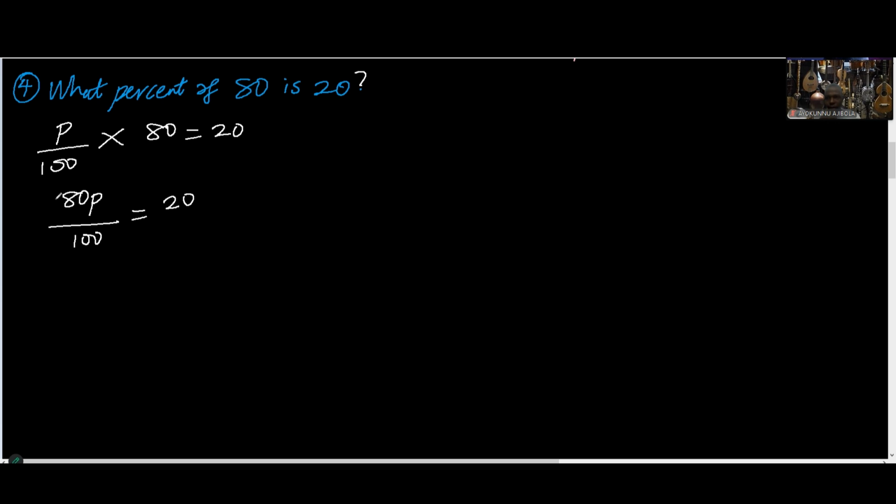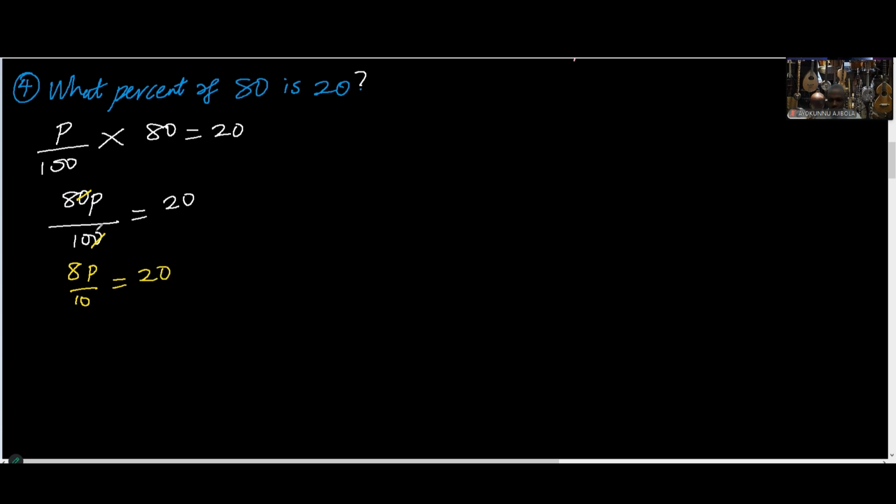Since there is a zero here, you can divide a zero here. You can never divide this zero with this one, because they are not on the same side of the equation. But the ones that are on the same side of the equation, on the left side, you can cut down. So you have 8p over 10 equal to 20, because you removed one zero from top and bottom.